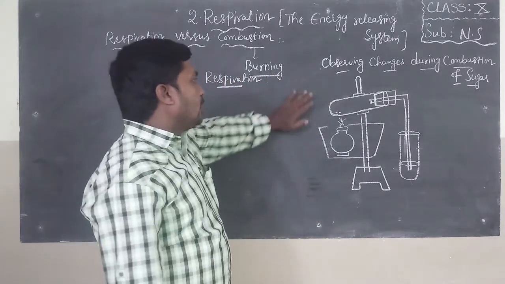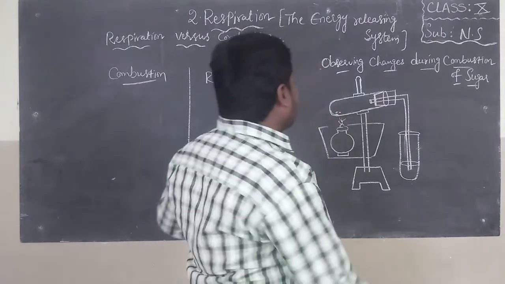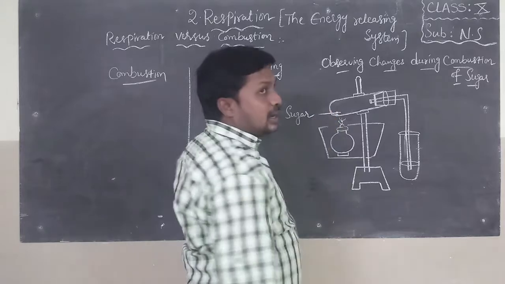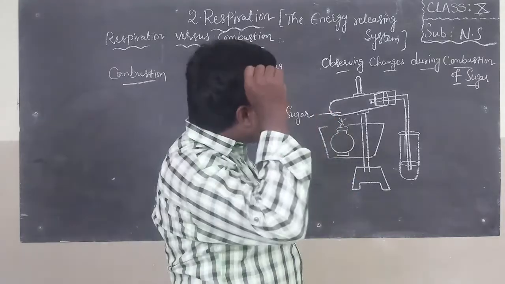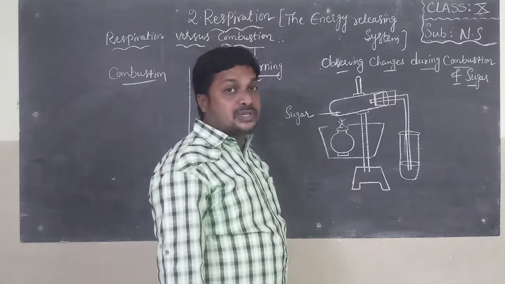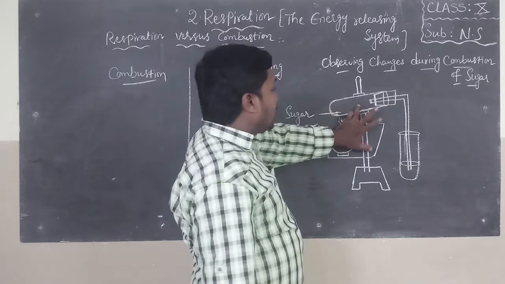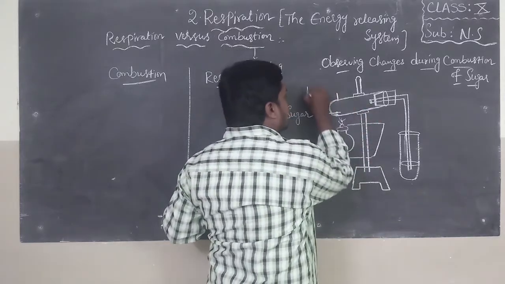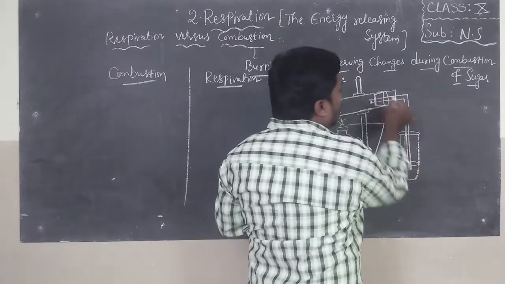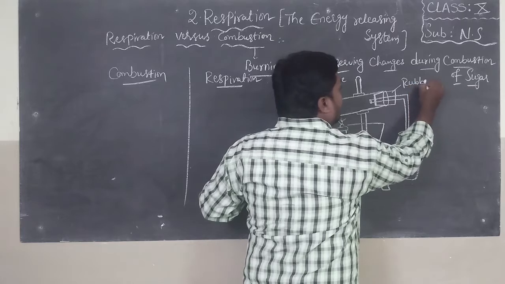Very important exam pointer. For this, take a test tube and take some glucose or sugar in it. Arrange the test tube with the help of a stand as shown in the figure. Close the test tube with a one-hole rubber cork.